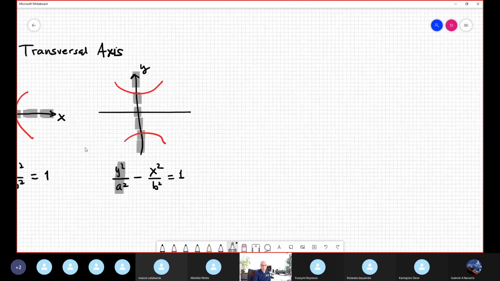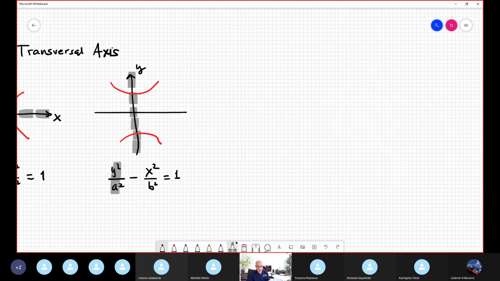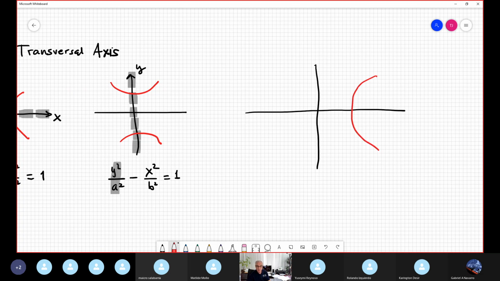The most important identification. Suppose that we have a horizontal one to explain one case. The other case is very similar. Suppose that our hyperbola is like that. And we have the famous point. What is the famous point? The most important point is the center. Center.